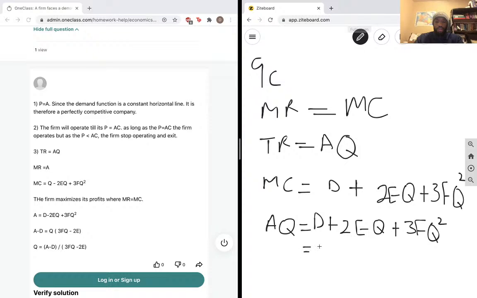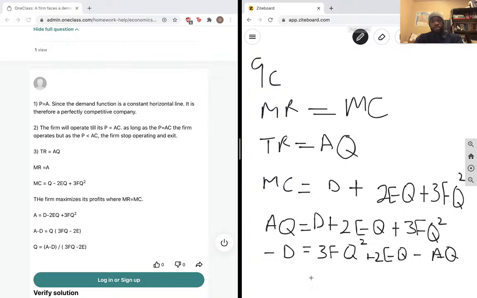We'll say 3FQ squared plus 2EQ minus AQ equals minus D.